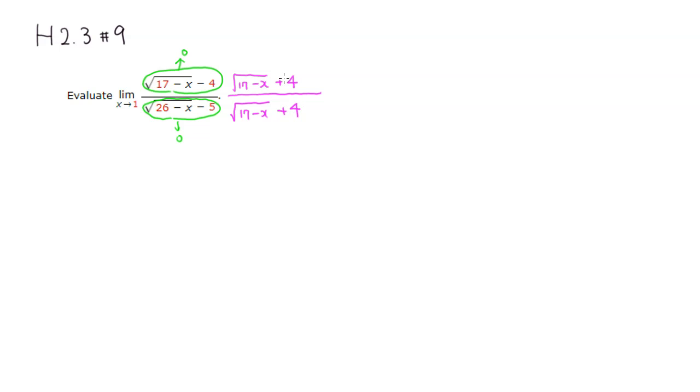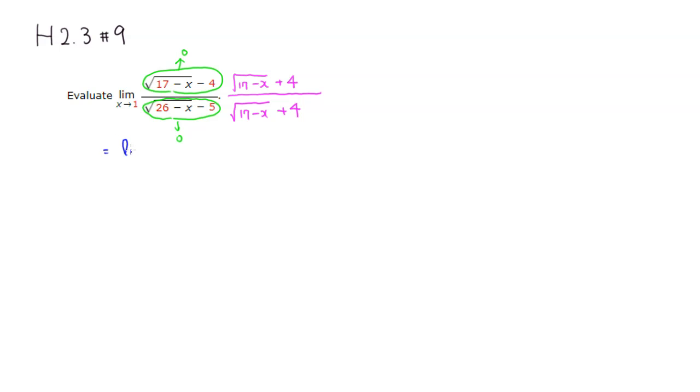As long as you're multiplying the numerator and denominator by the same non-zero quantity, the value of the fraction will never change. Let's do it one at a time. So this will give us this.